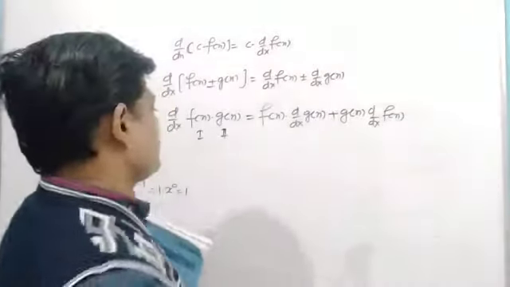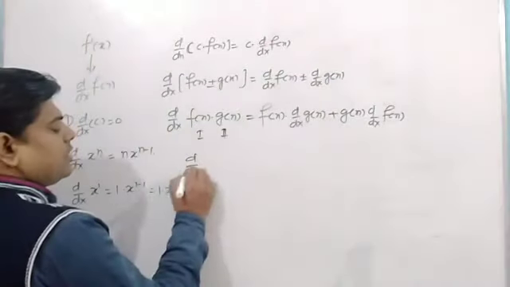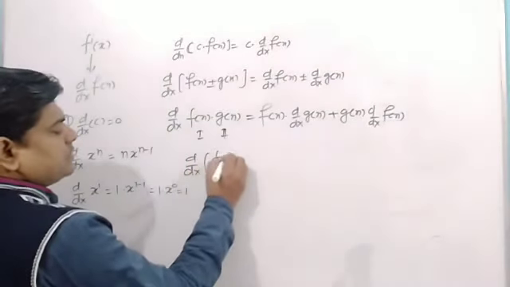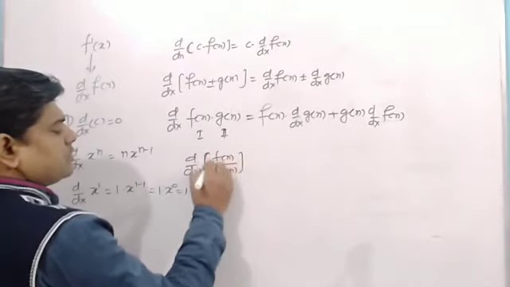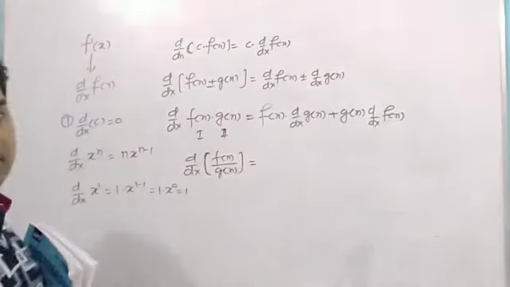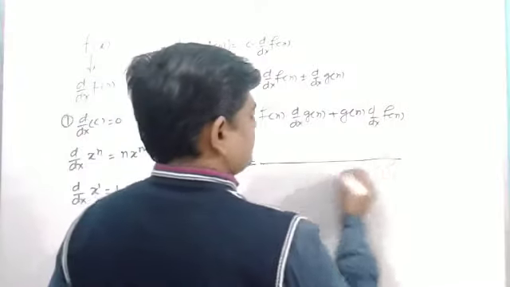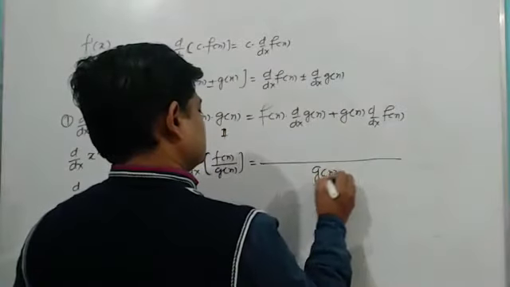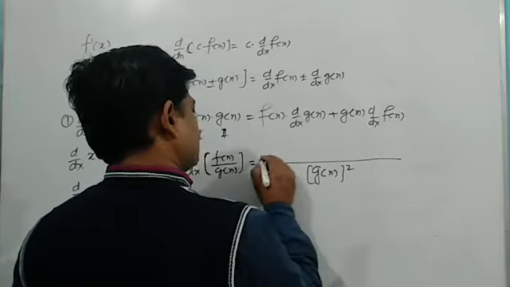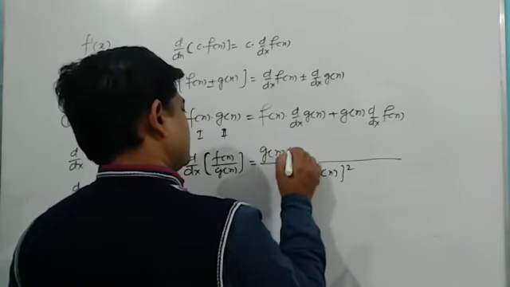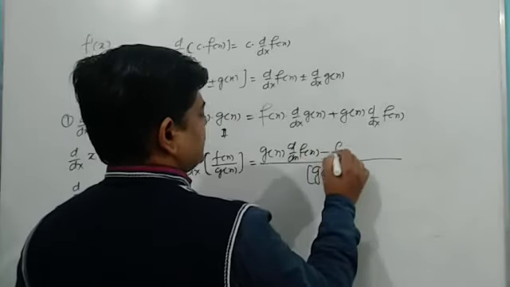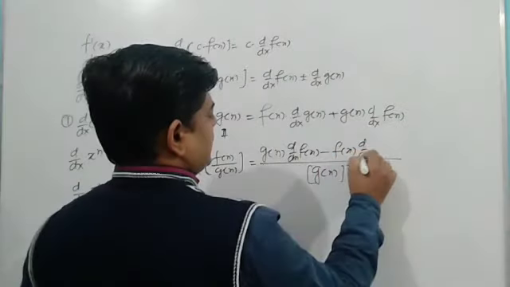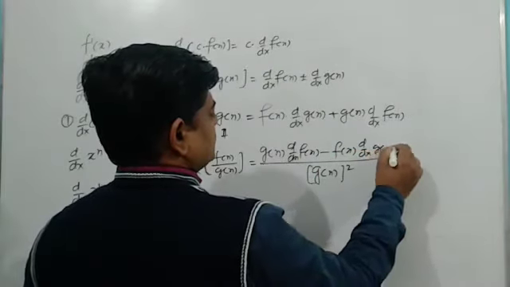At the same time, we can write d/dx of f(x) upon g(x). It can be written as g(x) square in the denominator, and in the numerator g(x) into d/dx of f(x) minus f(x) into d/dx of g(x).